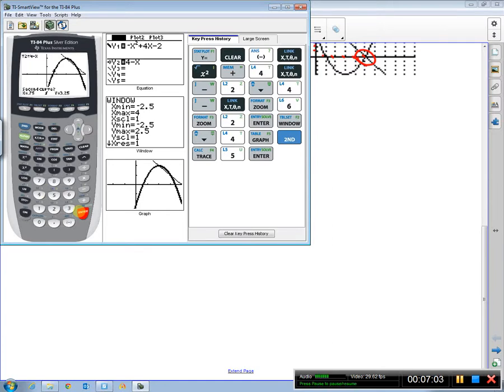Then it goes to the line. Can't quite see it right now, so I'm going to bring it down. You can see the values changing on the bottom of your screen. There it is, coming in down the line. I'm going to hit enter again, and then I'm going to put it near that first intersection.